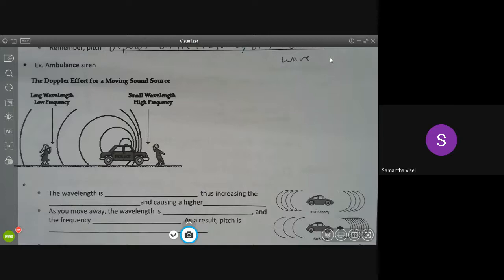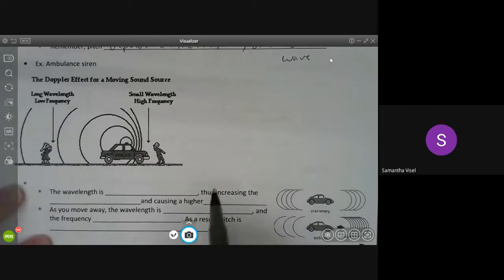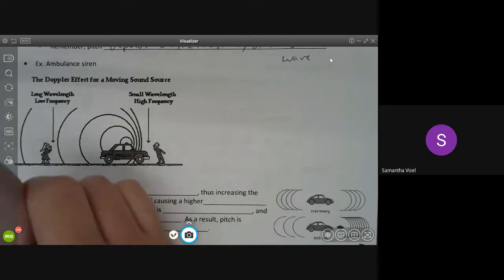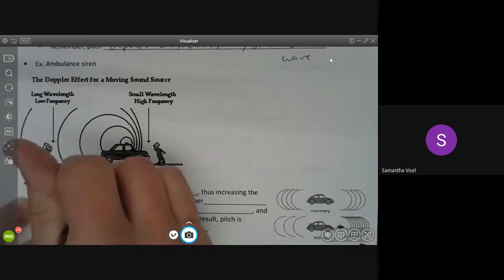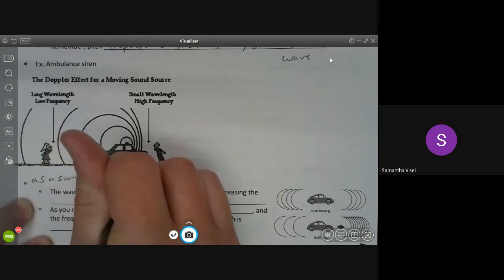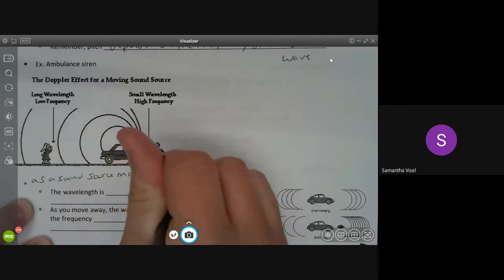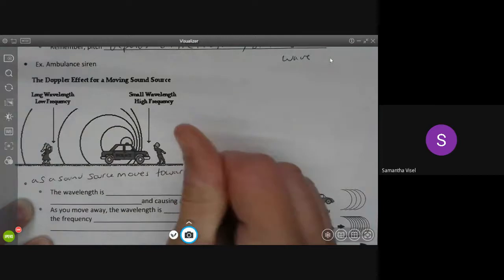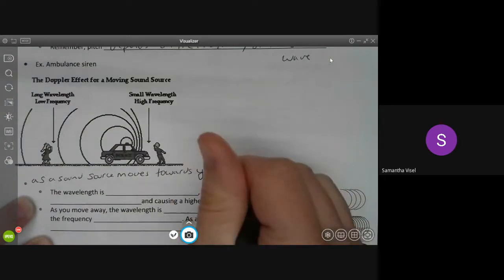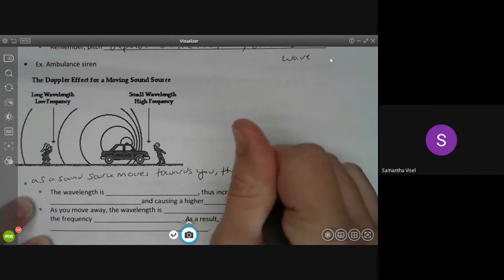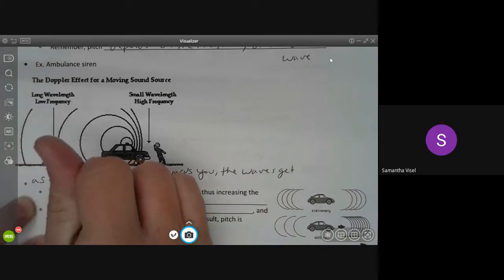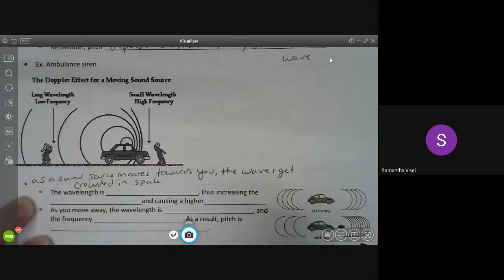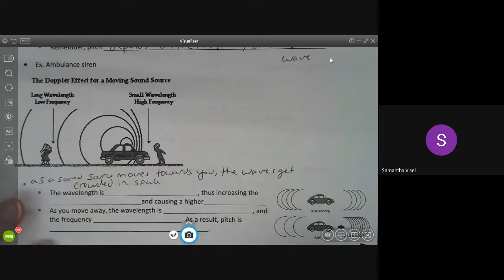So as a sound source starts to move towards you, what's going to happen is the waves get crowded in space. Not outer space, but just the space around you.